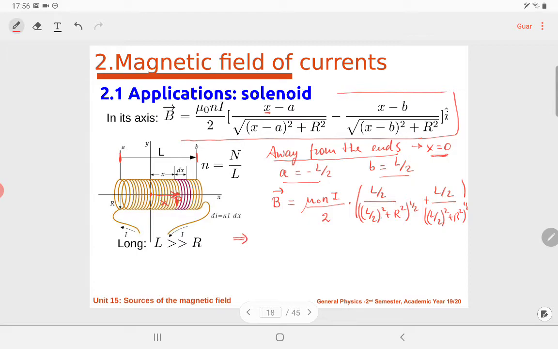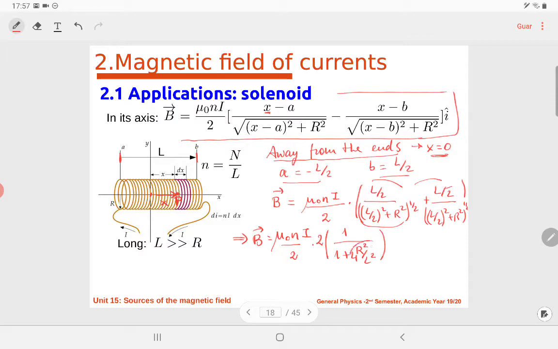So here the idea is that L is going to be much bigger than R. At first you see that these two expressions are the same, so we can just say that this is going to be equal to mu sub 0 n I divided by 2 times twice one of these expressions here, and here I'm going to divide both by L over 2, so this is equal to 1 over the square root of 1 plus R squared divided by L squared, times 4.